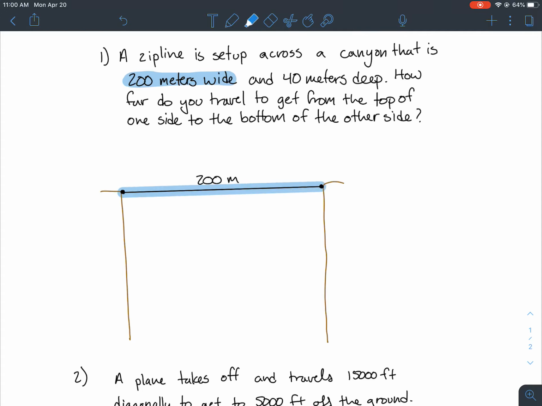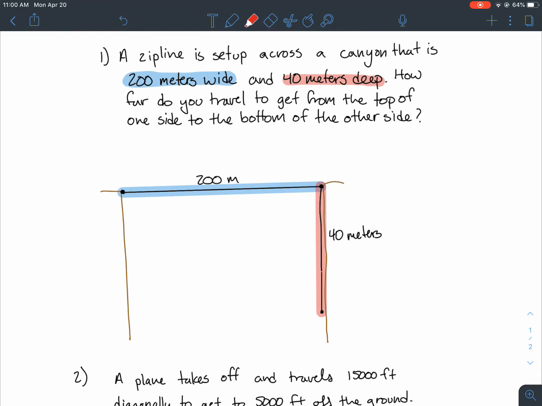And it also says that our canyon is 40 meters deep. So we're going to say from here to here is 40 meters. And that is because it's 40 meters deep.